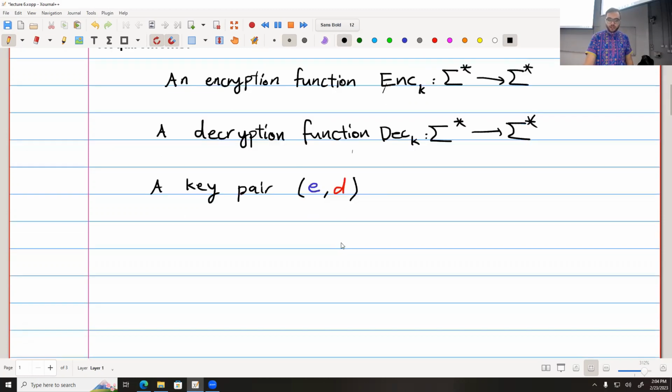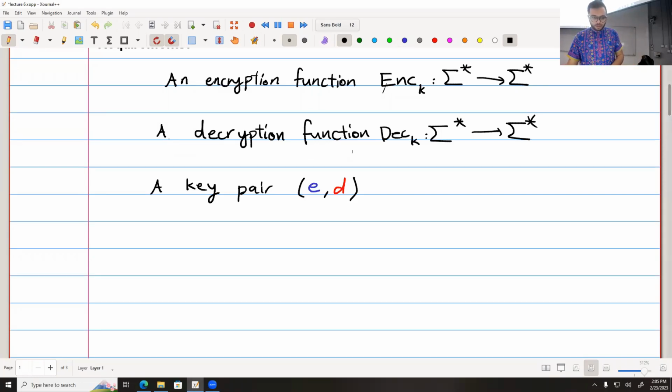Now, what are the properties that I need? Just like the case of symmetric encryption when we were using the same key, I need to make sure that if I encrypt something and then I decrypt it, I get the original message back, right? So that's pretty obvious.